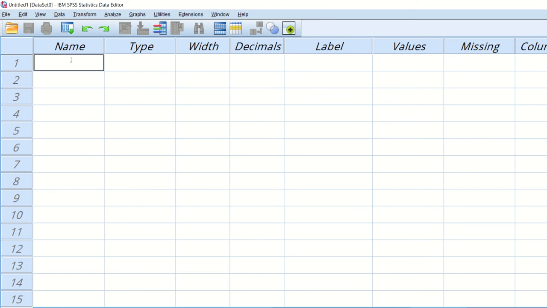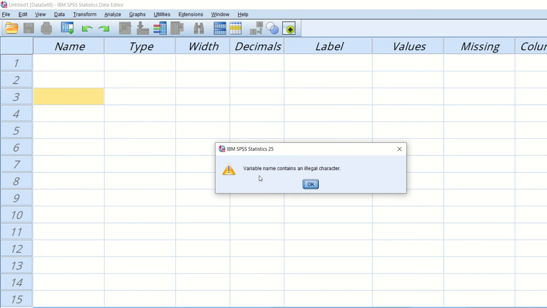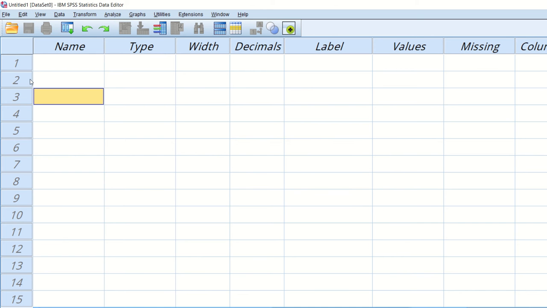And the first thing that we have learned was there shouldn't be a space between the variable names. For example, if you want to write here first name, you cannot write a variable name like this. It says it contains an illegal character. So empty spaces or question marks are not allowed in this program.